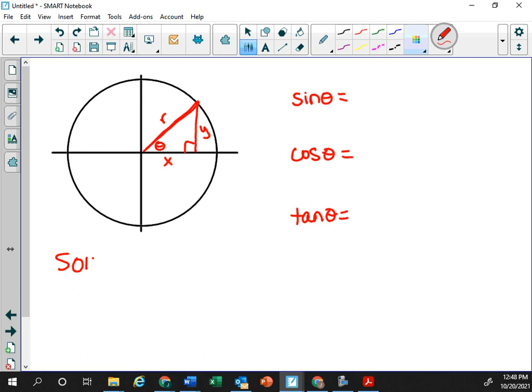R for radius. So if I'm saying the sine of theta, here's theta. What is opposite of theta? Your choices are x, y, and r. Y, and what's the hypotenuse? R. Okay, so sine of theta is y over r.